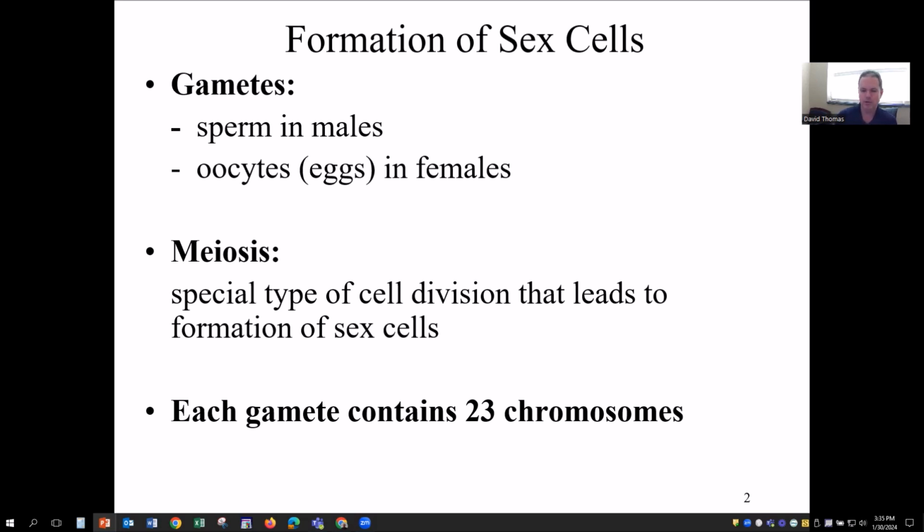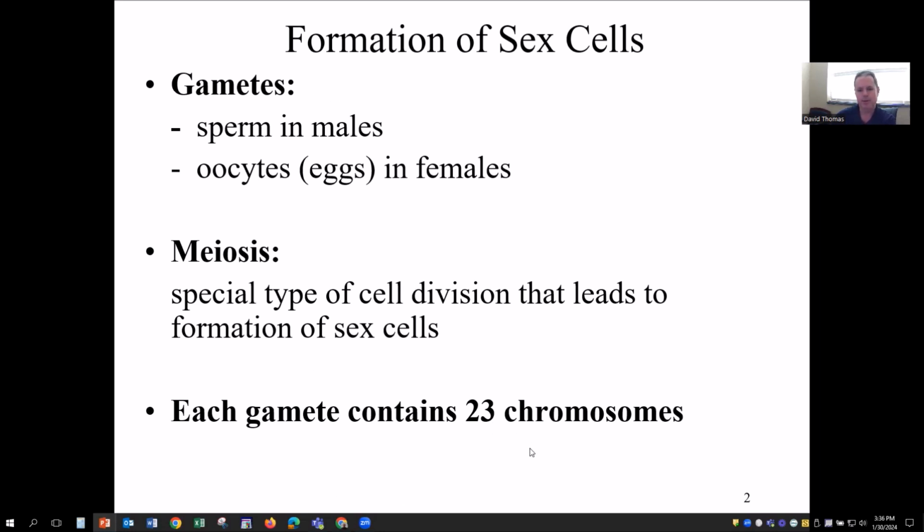It's got two copies of each chromosome, one copy from the maternal side, one copy from the paternal side. Each gamete, each sex cell, is going to be what's called haploid. It has one copy of each chromosome, and that haploid number is 23.